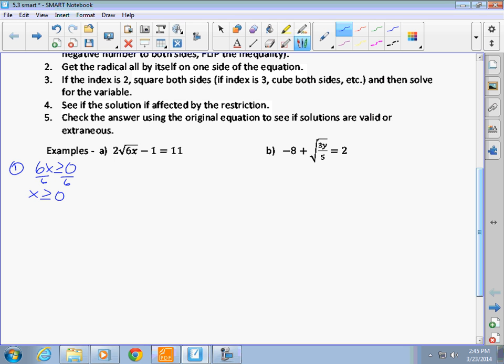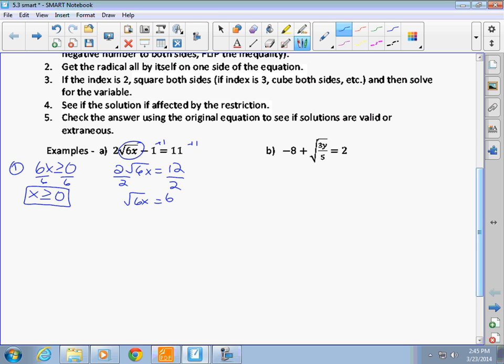So our restriction is that the values we use must be greater than or equal to 0. Step number 2 said to get the radical all by itself on one side of the equation. So if square root 6x is our radical, then we need to move everything else over. So I add my 1, I'm left with 2 square root 6x equals 12, divide by 2, so square root 6x is equal to 6.